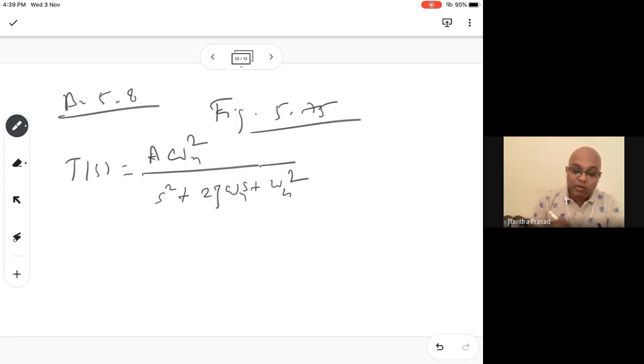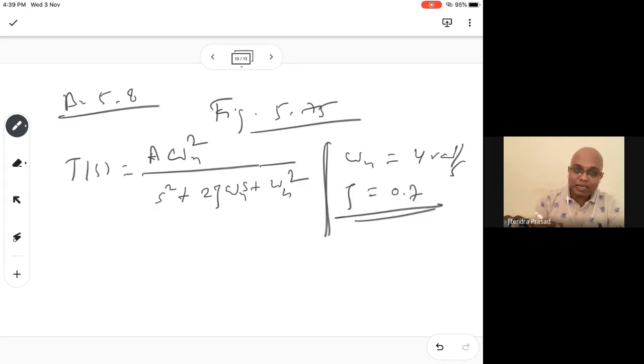Then you have to find the values of K such that omega n is equal to 4 radian per second, and zeta is equal to 0.7. This is an inverse problem.